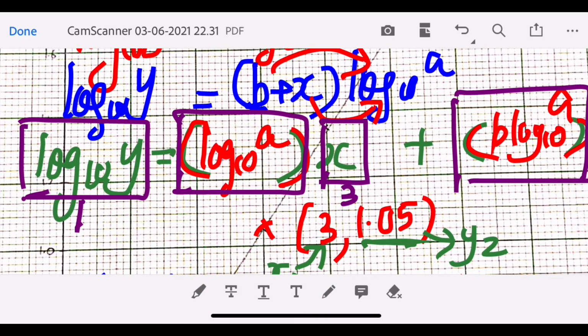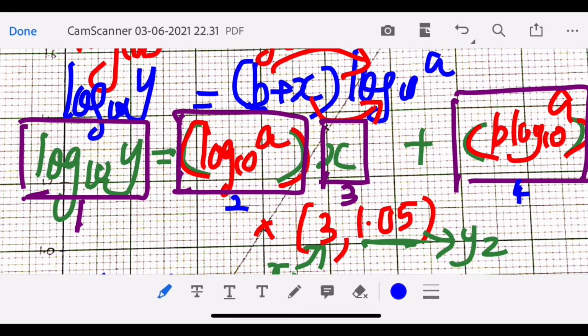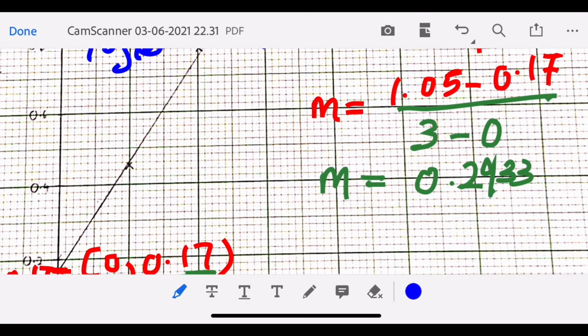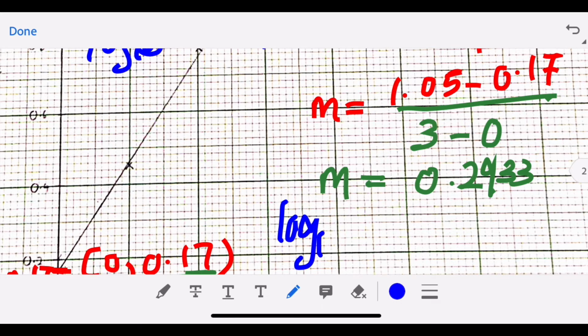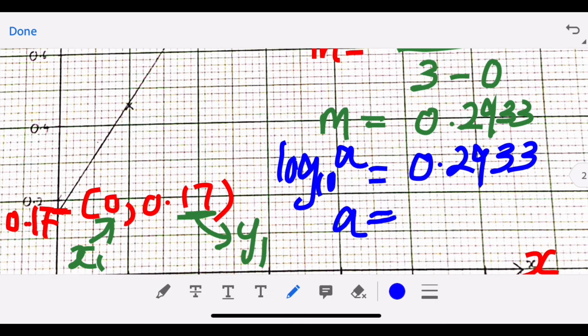So we need to solve the constants, these 2 and 4. That means log 10 a will be equal to the gradient. We will write log 10 a equals the gradient. It is a must to write this because in the SPM exam, this will be given 1 mark. So a is shift log 0.2933. Shift log 0.2933.